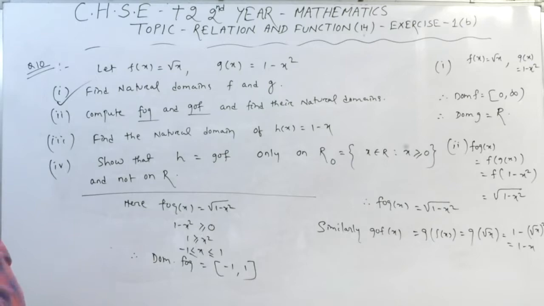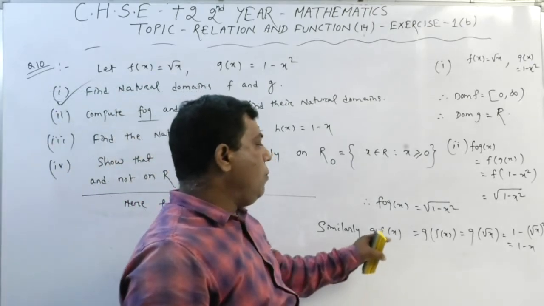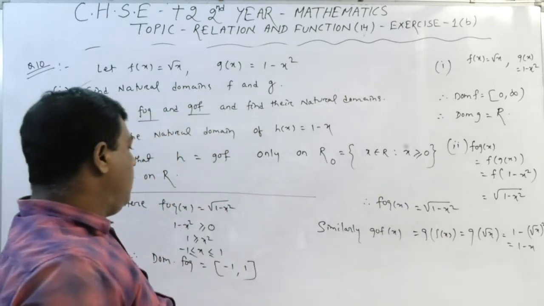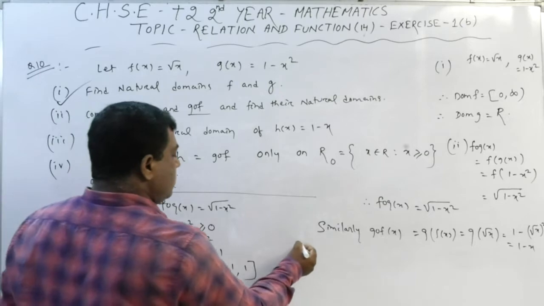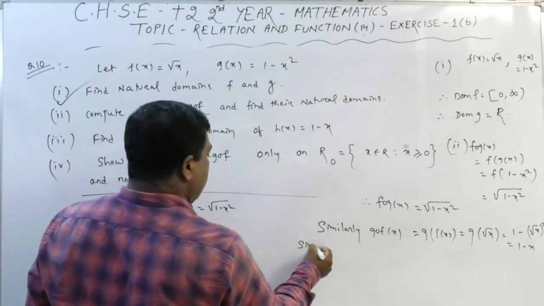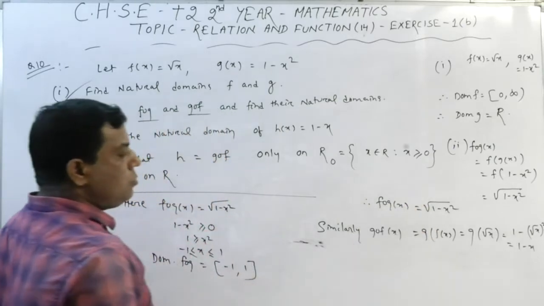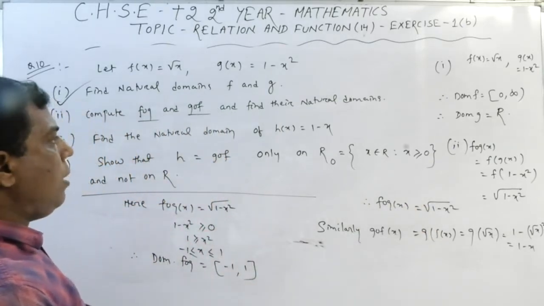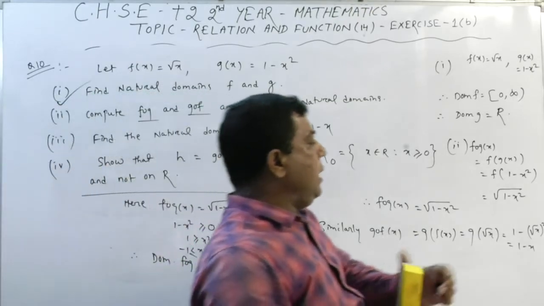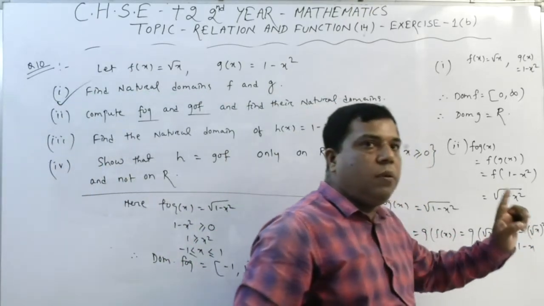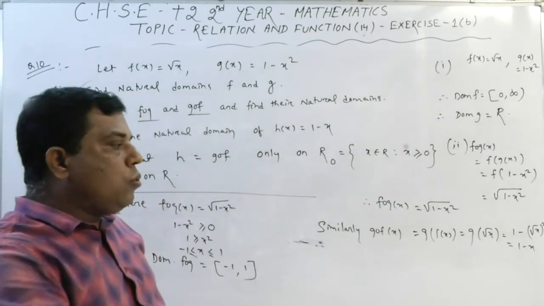Okay. Now we are going to find out gof x, and we are defining it here. As gof x is written as 1 minus root under x squared, or 1 minus x, that should be valid if root x is positive. Though it is converted in the form of 1 minus x, it is converted through root x.